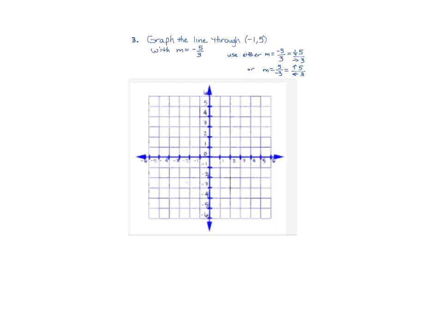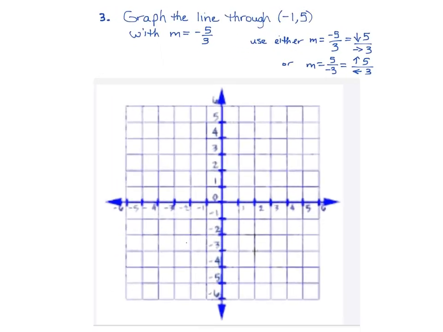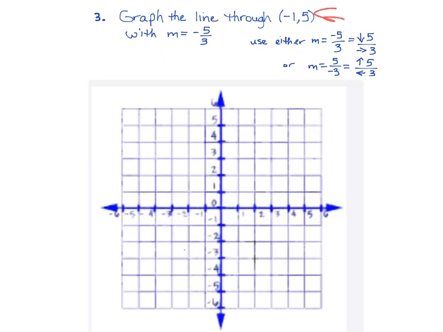Next, we're going to have when you're given a point, which isn't the y-intercept, and the slope. It's still the same thing. The only difference is when I put my beginning point, it's just going to be this ordered pair. And then from there, I'm going to use my slope, and I'm going to go down 5 units and to the right 3. Now, if you'd rather go up and left, the movement left would indicate the negative.